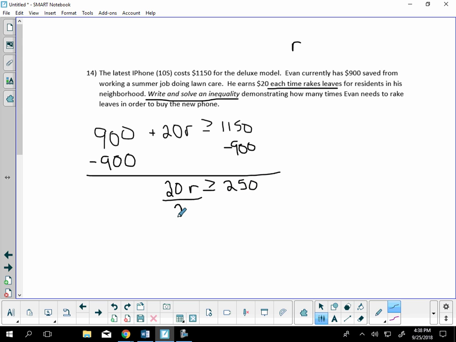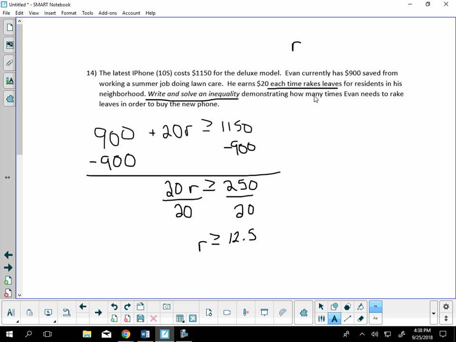Divide by 20. And R has to be greater than or equal to, if I do that, I'm going to get 250 divided by 20 is going to be 12.5. But if you take a second and really think about it, you can't have half a rake.